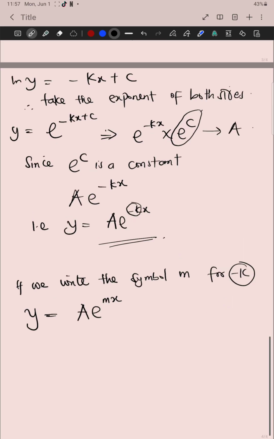Now in the same way, if y equals e to the power of mx is a solution of the second order differential equation, it means that it satisfies the equation, right?